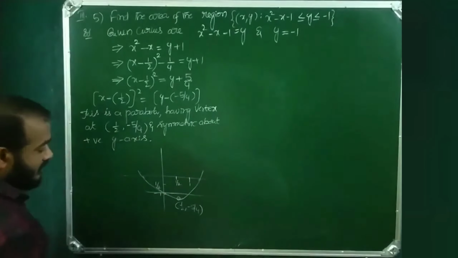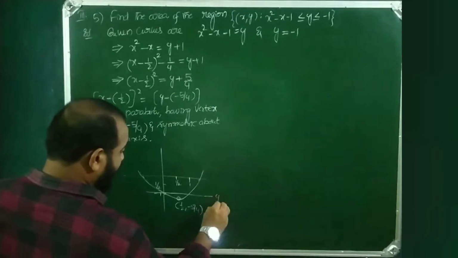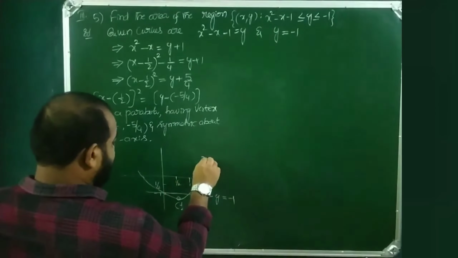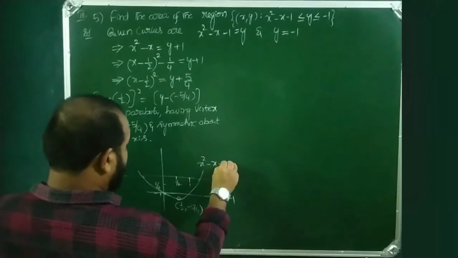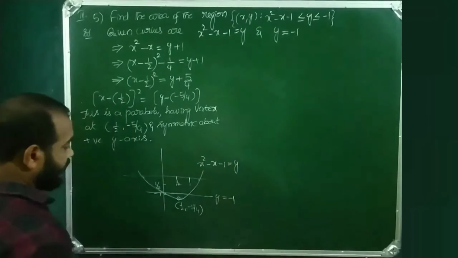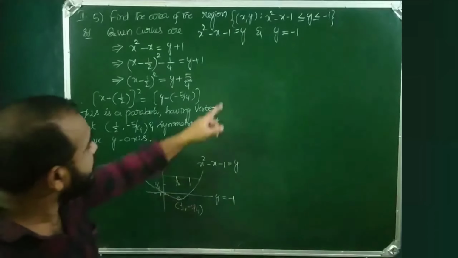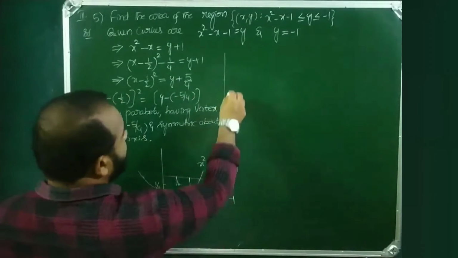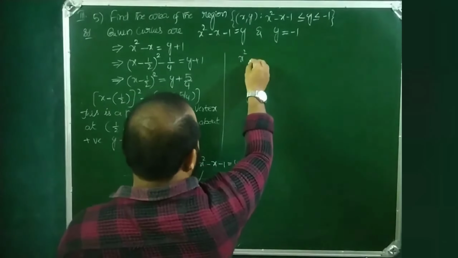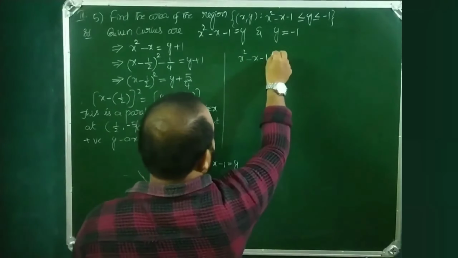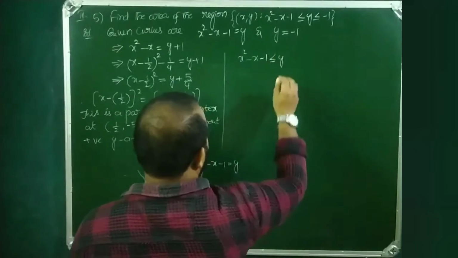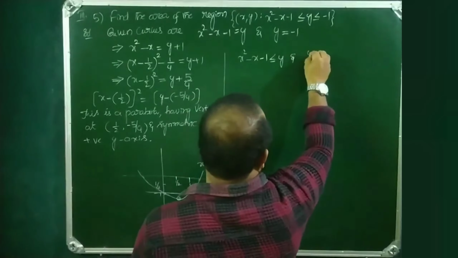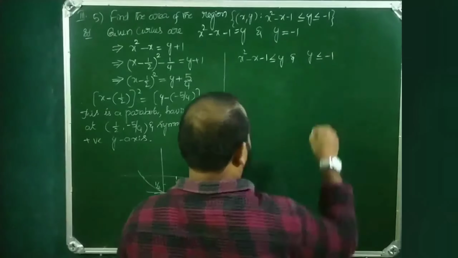So this is y is equals to minus 1 and this is x square minus x minus 1 is equals to y. Okay. Now since it is an inequality, now we shall take the inequalities. X square minus x minus 1 less than or equals to y, and y less than or equals to minus 1.